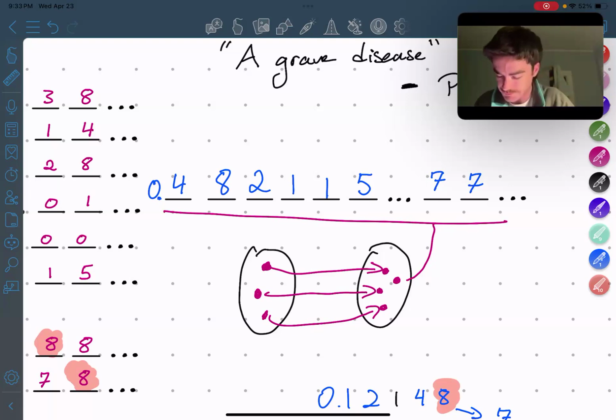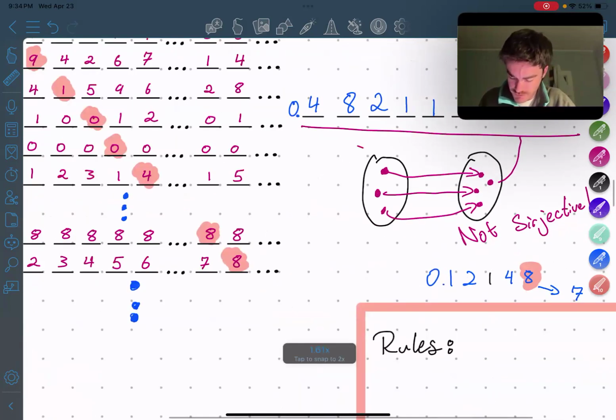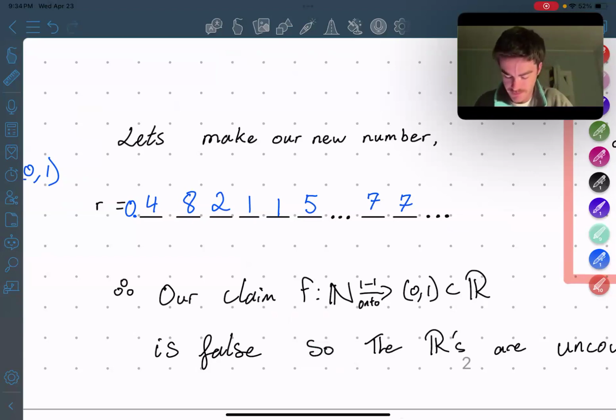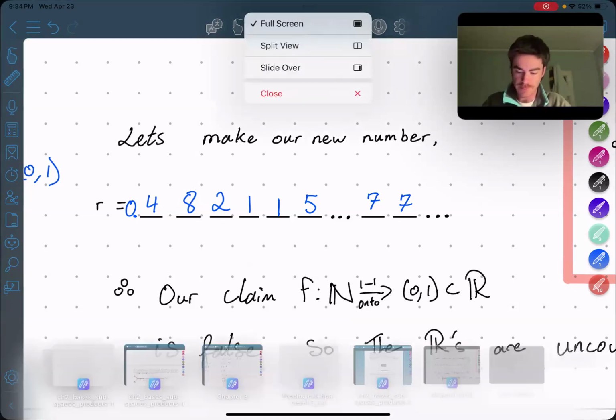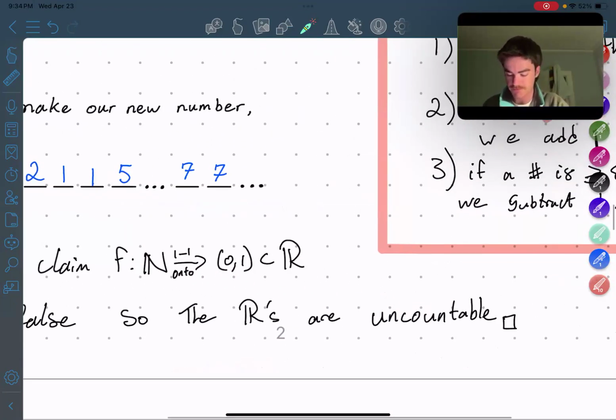And this means it's not surjective, which then, therefore, our claim that our function, our bijection from the naturals to this interval in the reals, is false. So therefore, the reals are uncountable.